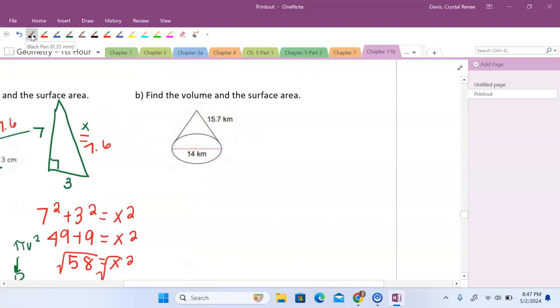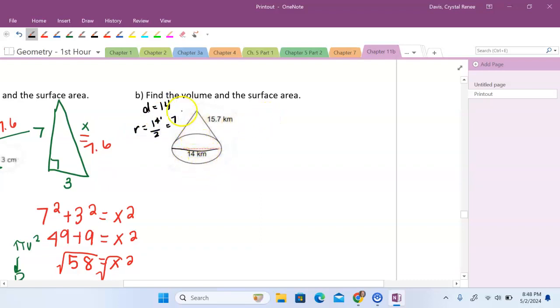All right, so let's look at example 2b now. Now we have this cone here. Notice it gives us that the diameter, this whole thing here, is 14. So if my diameter is 14, my radius is half that, which is just 7.